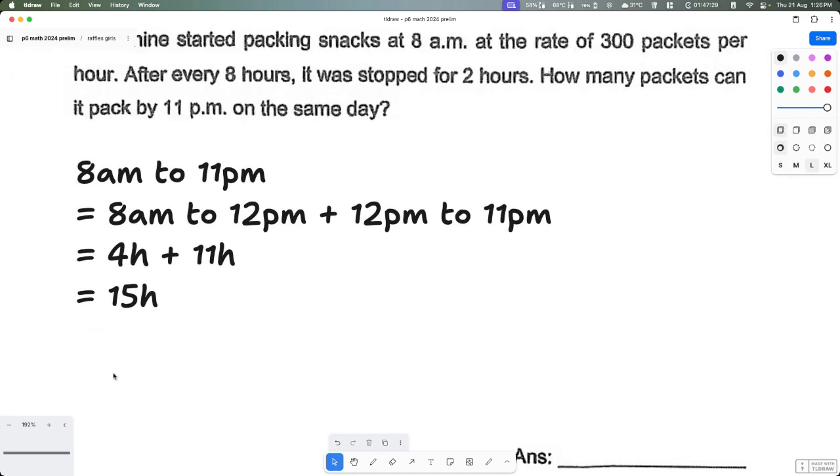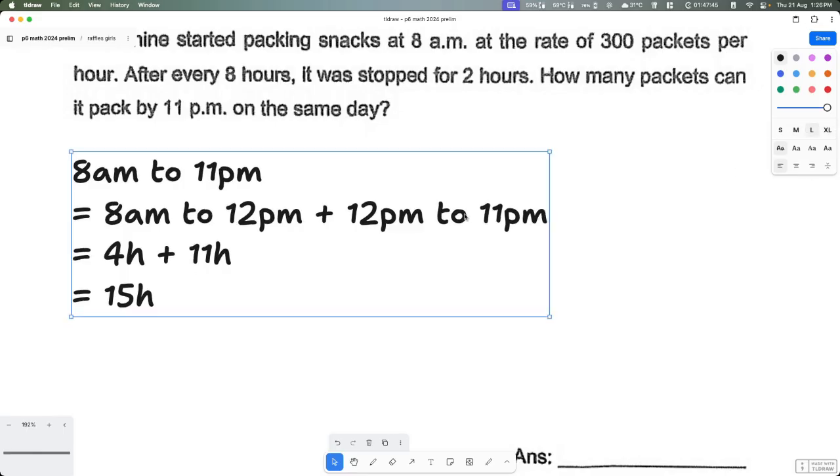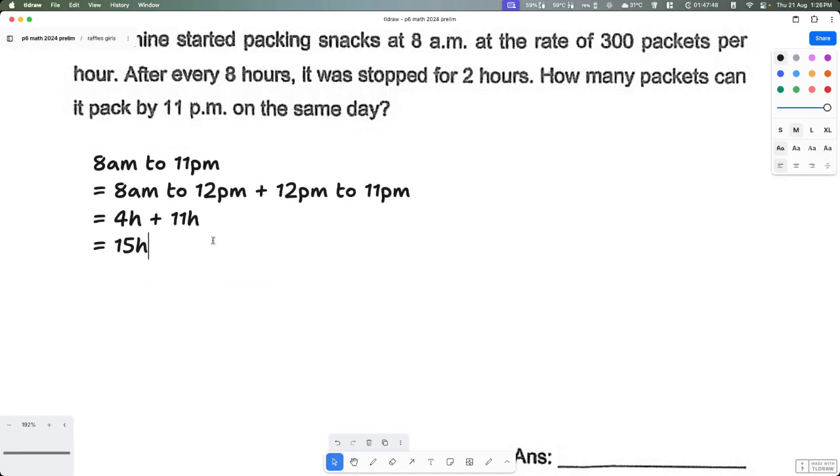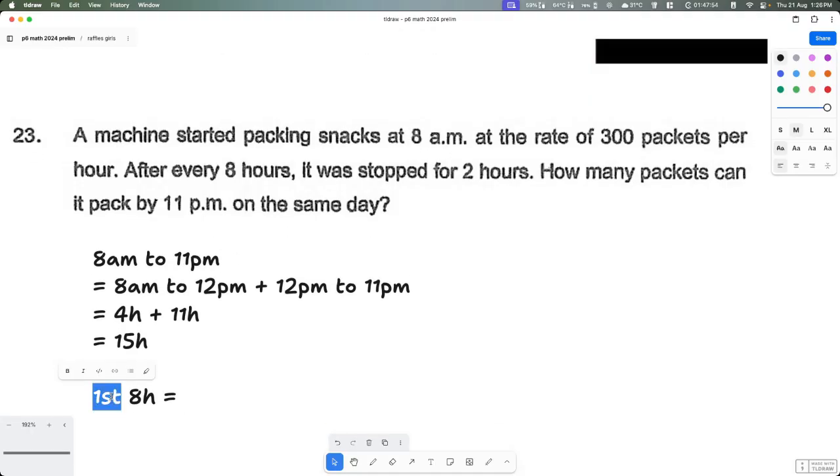Okay, so how many packets? Let me just go with the first 8 hours, equal to 300 times 8, which is equal to 3 times 8 times 100. 3 times 8 equals 2400.